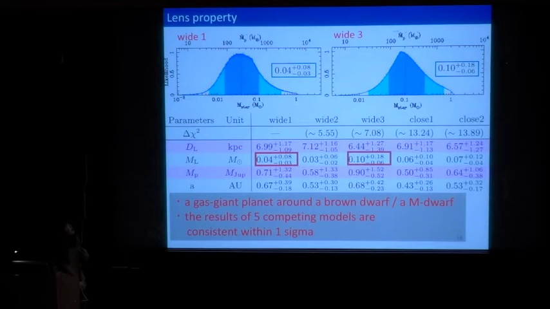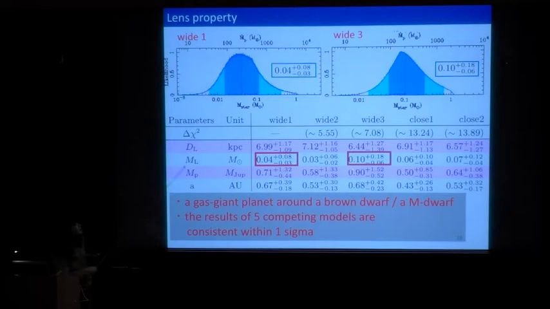And here is the result. The two figures show the relative probability distribution of the mass of the host star, for the wide 1 model and the wide 3 model. As for the wide 1 model, the mean value of the host star mass shows a brown dwarf mass, and as for the wide 3 model, that shows an M dwarf mass.